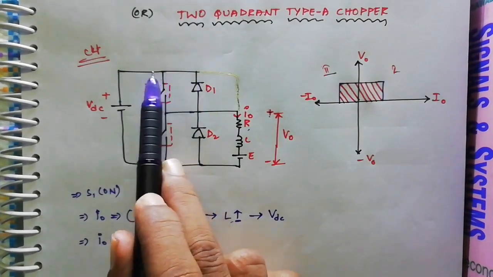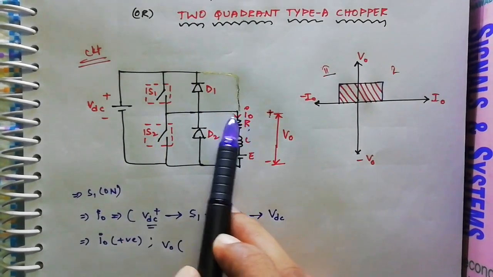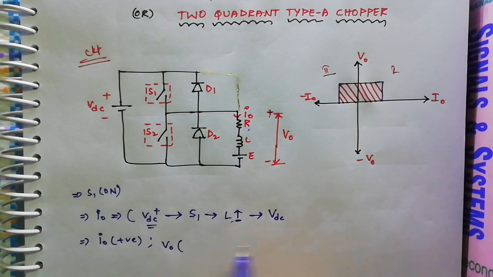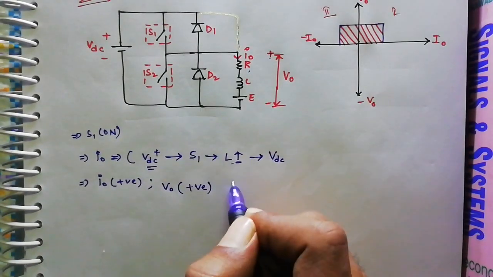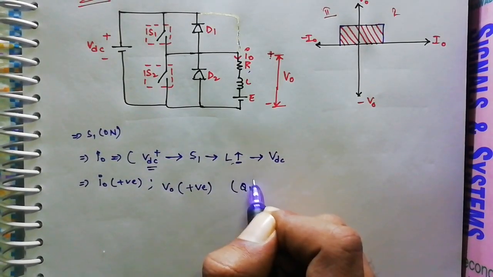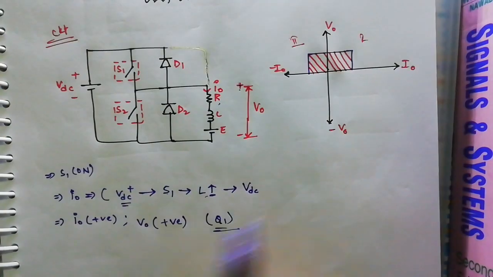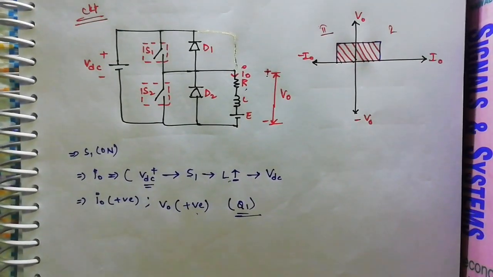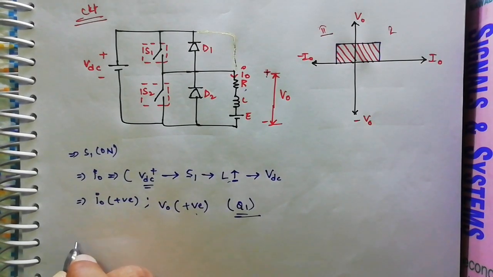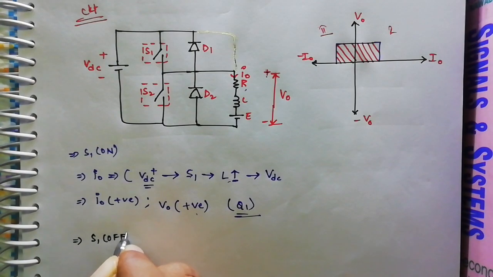Both are connected together without any change in polarity, so this is in the positive direction. From here one can say that it is operating in quadrant 1, because I0 and V0 are positive here. That's fine.